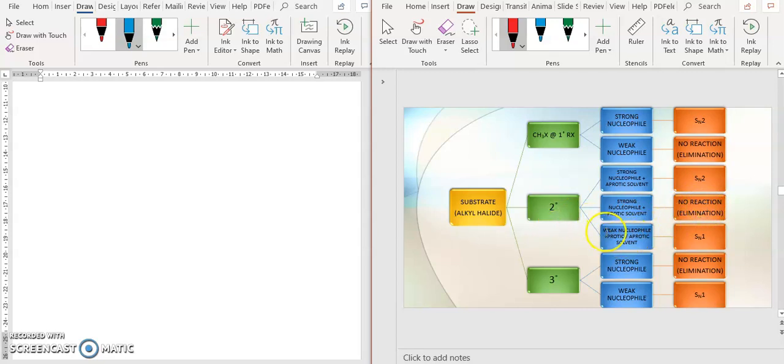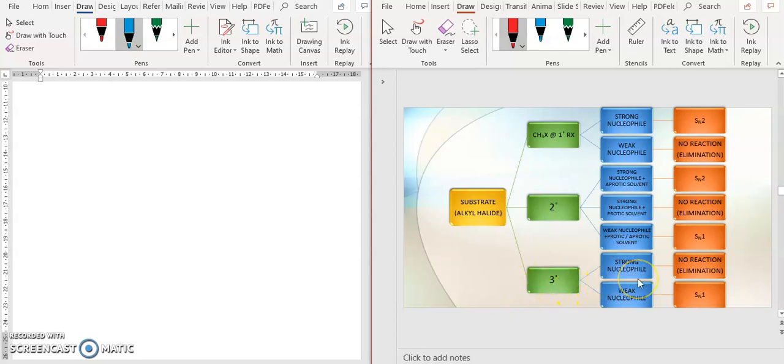And for secondary, when you have a weak nucleophile, protic, it is still SN1. Then you have the tertiary alkyl halide. With a strong nucleophile, it will go to elimination, because a tertiary alkyl halide cannot undergo SN2 because of steric hindrance.